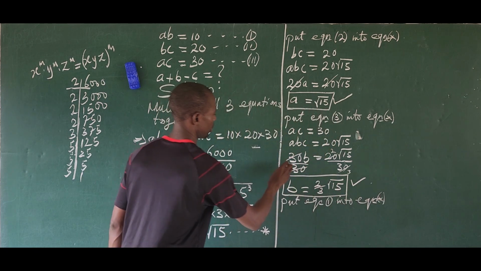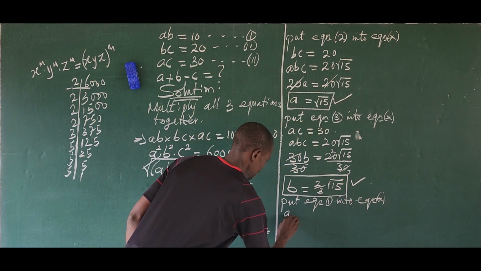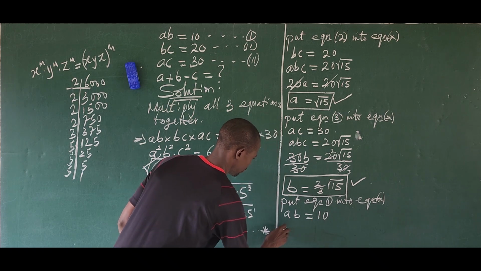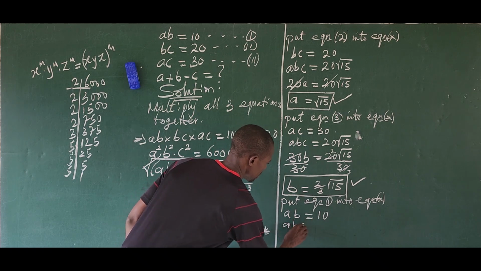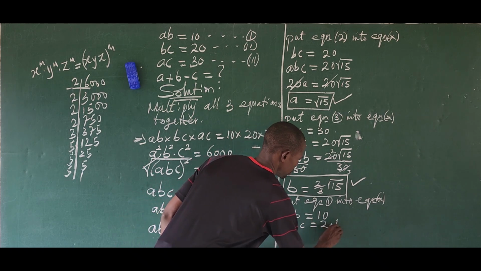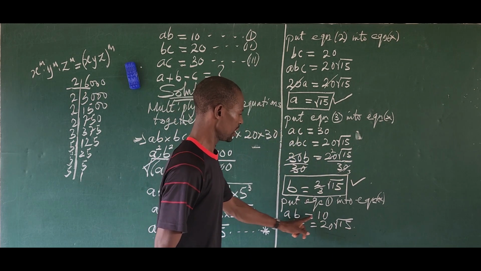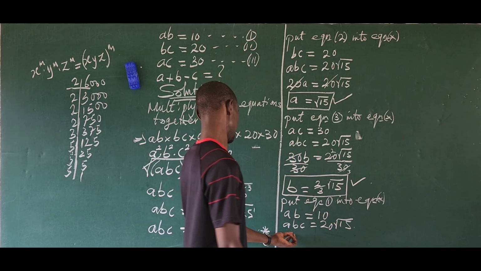So if we do that, we have our equation 1: AB is equal to 10. Then our solver equation, we know that ABC is equal to 20 root 15. So AB is equal to 10, so we'll put in 10 here.